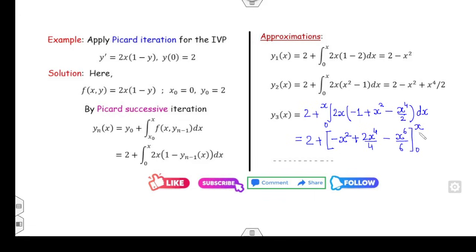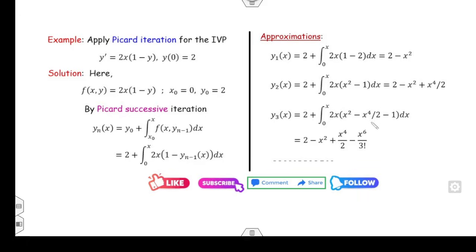If you substitute the upper limit and the lower limit, you will get the answer. I can write 6 as 3 factorial. Now if you look more clearly, this expression, if I write 1 separately, is 1 minus x square plus x4 divided by 2 factorial minus x6 divided by 3 factorial and so on.